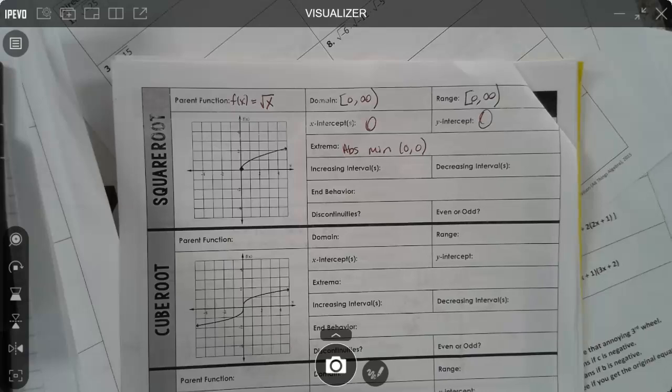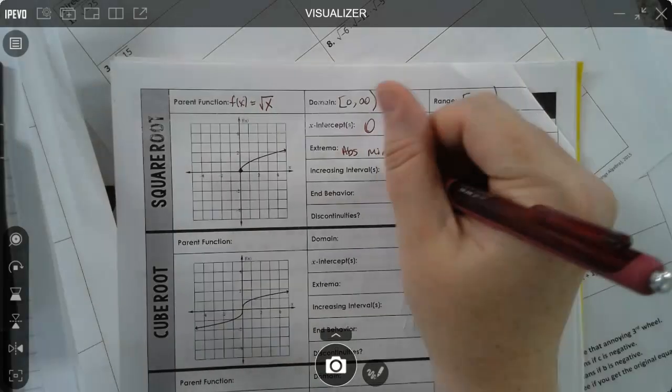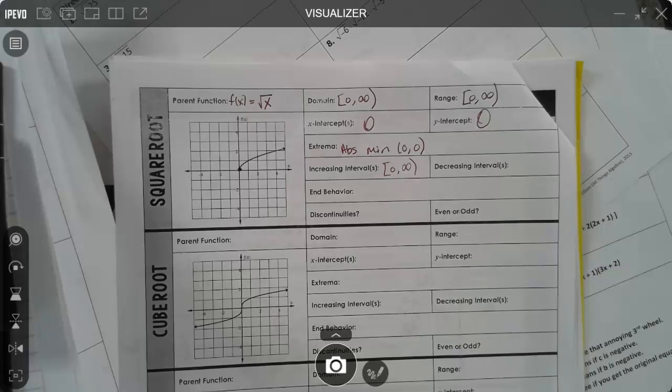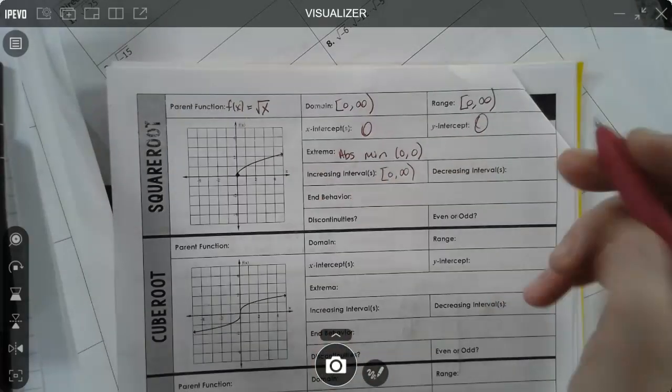Yep. How about increasing intervals? 0 to infinity. It never decreases because as I move left to right, it never goes down. So none.